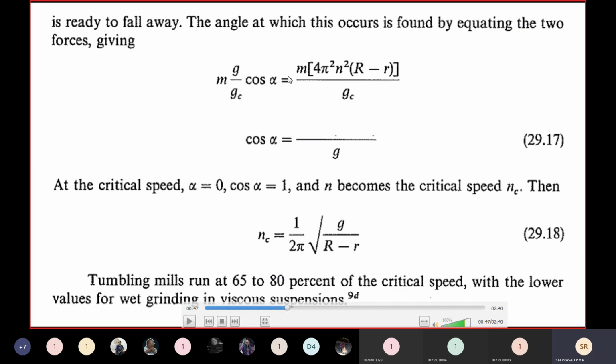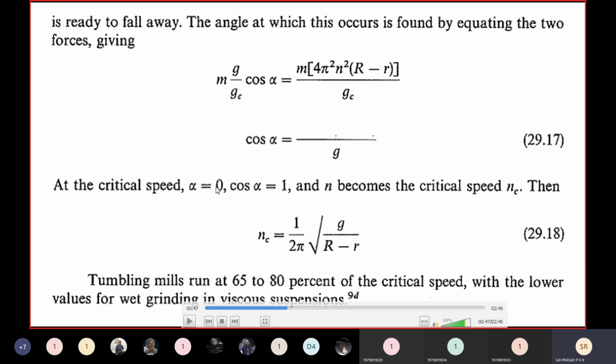So what will happen at the topmost position? The concept is that the gravitational force should be slightly greater than the centrifugal force; then only the particle will fall. Mathematically, we take them as equal to each other, and with this equation we will find the value of small n.